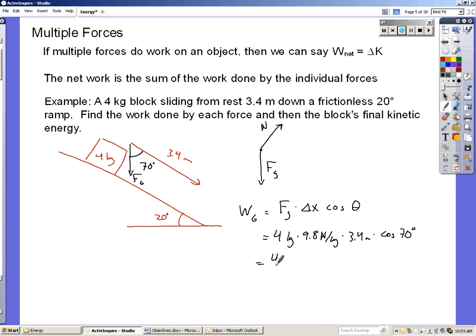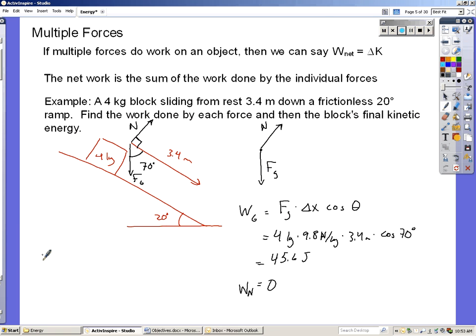And we find that gravity does 45.6 joules of work. And notice that it's positive because gravity is pulling it down the ramp and tending to make it speed up. The work done by the normal force is 0, because if you notice, the normal force is perpendicular to the displacement, so the angle is 90 degrees and it does no work.